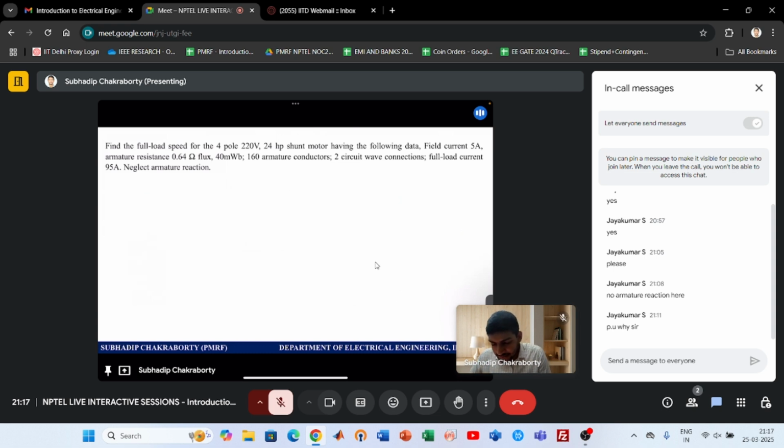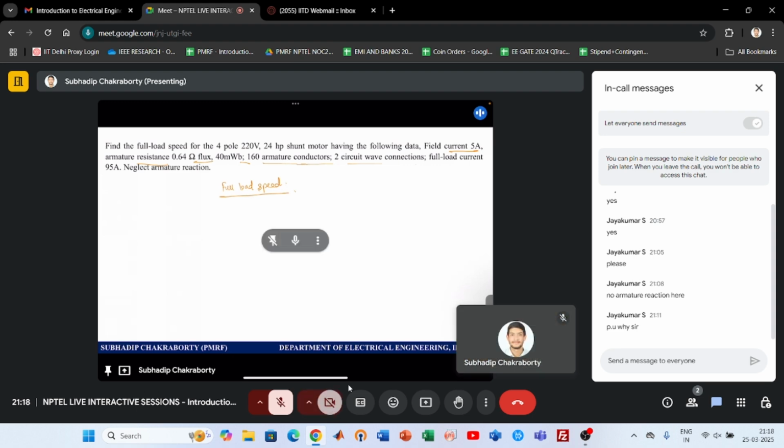Yes. So it is asking you to calculate the full load speed, right? For the 4-pole 220 volt 24 horsepower shunt motor having the following data, field current is given, armature resistance is given, flux and number of armature conductors, so everything is given. So similar approach, only now it is asking a different parameter. So you apply E equal to phi Z N full load P by 60A.